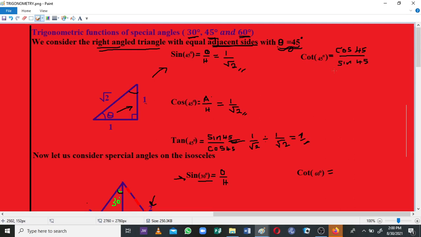Both cos 45 and sine 45 are equal to 1 over the square root of 2. So we are dividing these two, which gives us 1 as the value of cot 45 degrees.